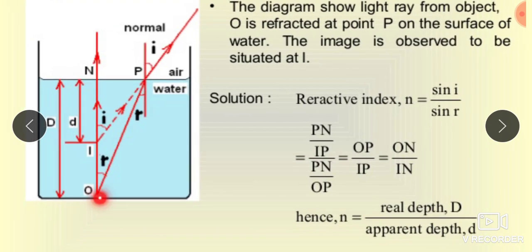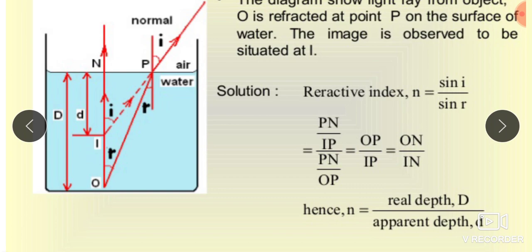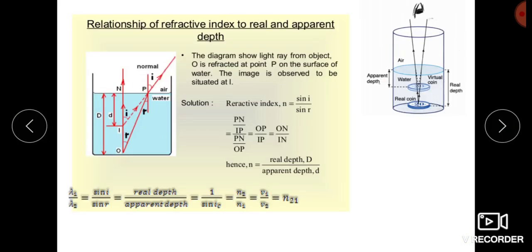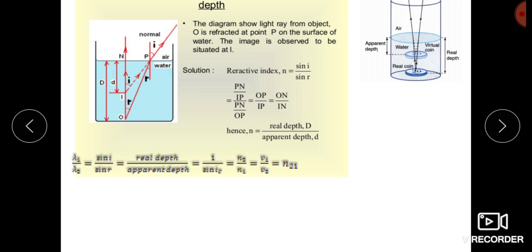If you see, OPN is a right triangle, and IPN is another right triangle. There are two right triangles, both having 90 degrees. This is the angle of incidence, and this is the angle of refraction.